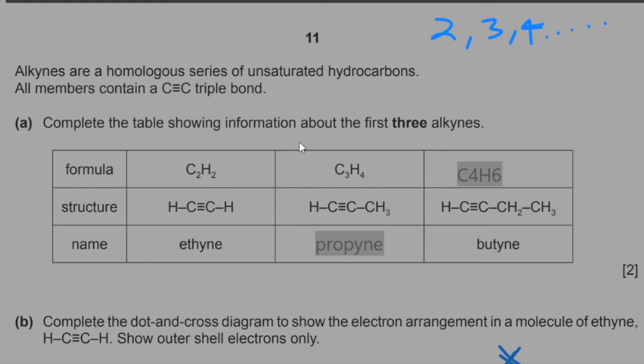So n is going to be 2, 3, 4, etc. So as you can see over here, the number of carbon is equal to n, so C would be n, and then you have to write the formula of hydrogen atoms in relation to the number of carbon atoms.